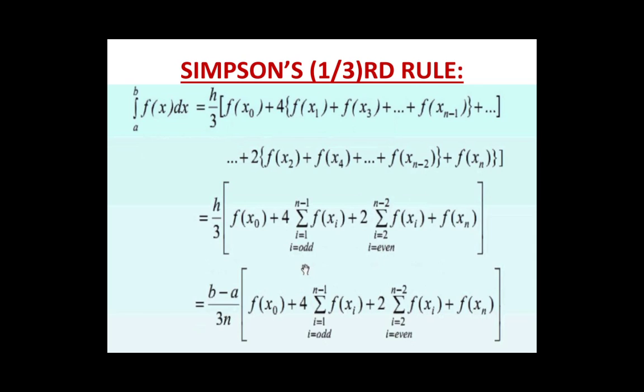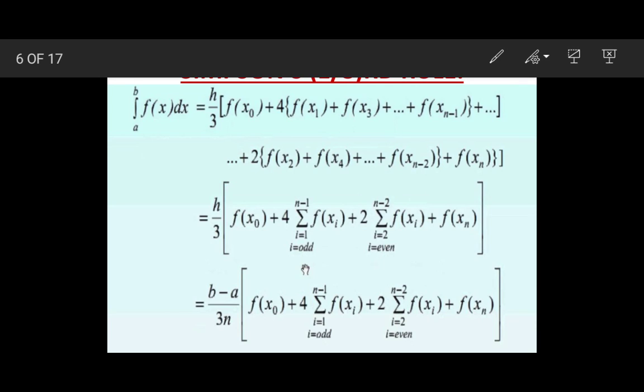Simpson's one-third rule says that integral a to b f of x dx is equal to h upon 3 into f of x0 plus 4 into f of x1 plus f of x3 plus so on plus f of xn, plus 2 into f of x2 plus f of x4 plus so on f of xn minus 2, plus f of xn. Now this can be summarized as h upon 3.